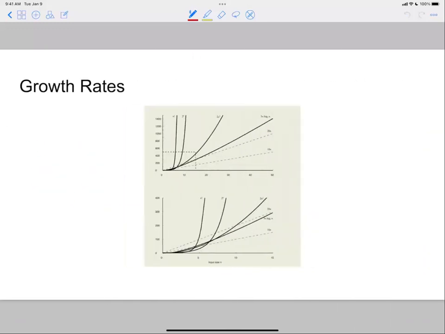Okay, the growth rates. So what is growth rates? This is one of the reasons why we need to learn to choose the most efficient algorithm for our given problem.